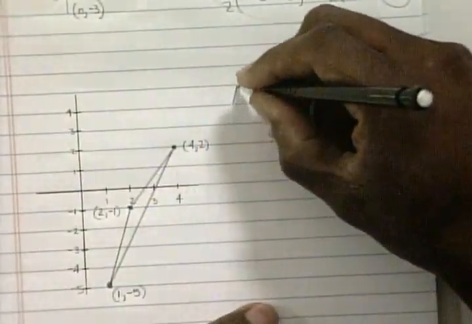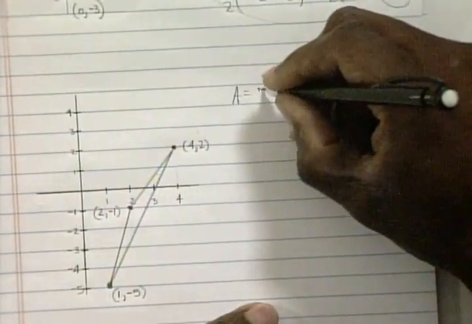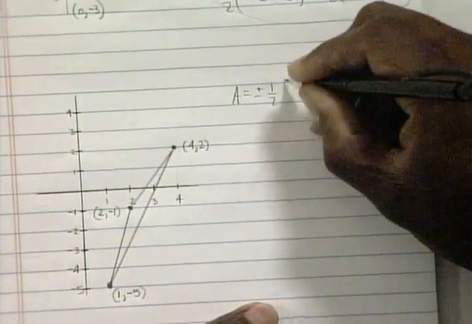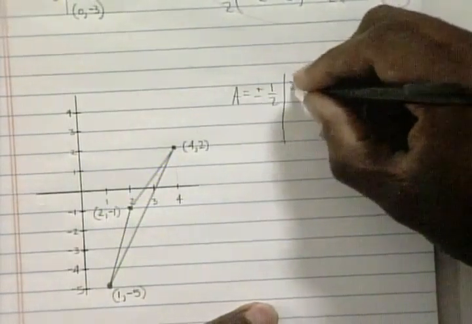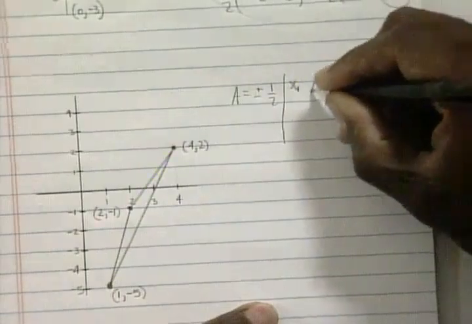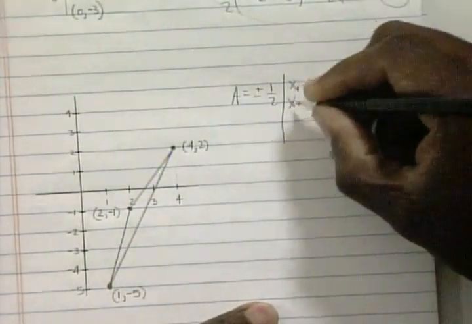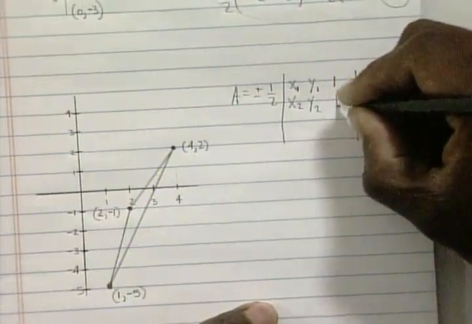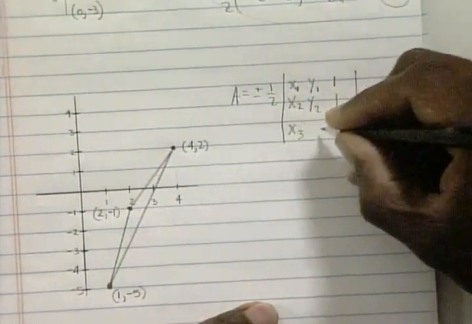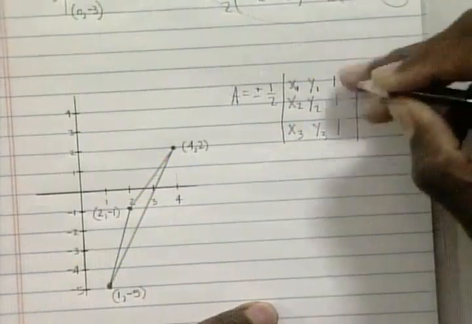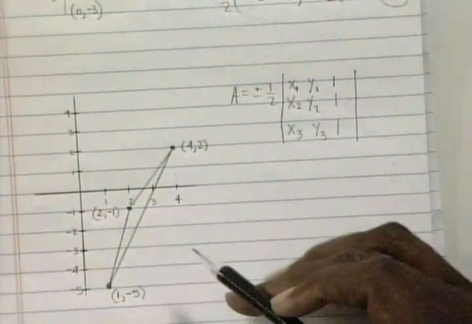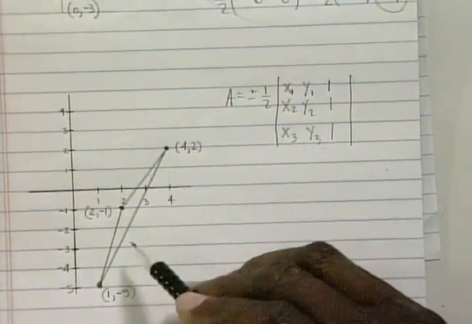All right, so the area is plus or minus half, and now you find the determinant of the first point, x1, y1, with a 1 by rule, x2, y2 with a 1 by rule, x3, y3, and then 1 by rule. I've already labeled the points for you. I'm very prepared today.